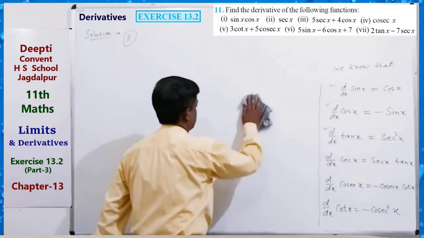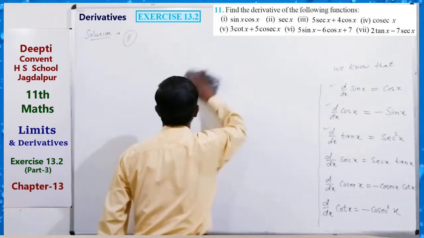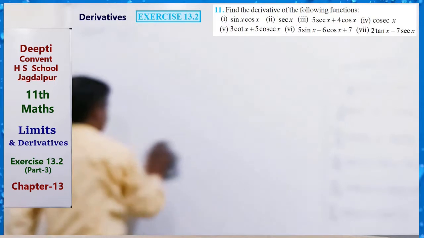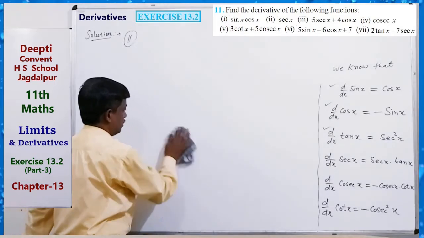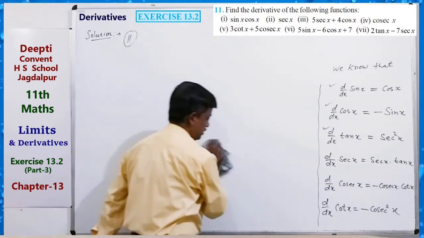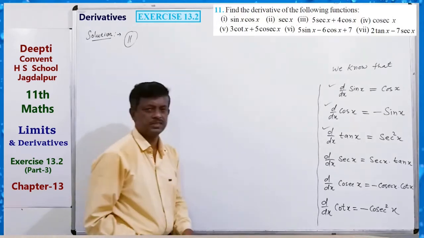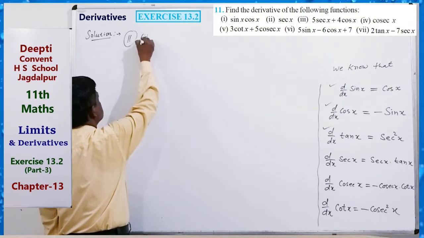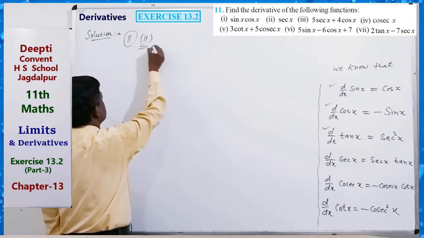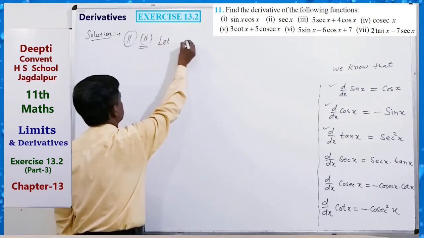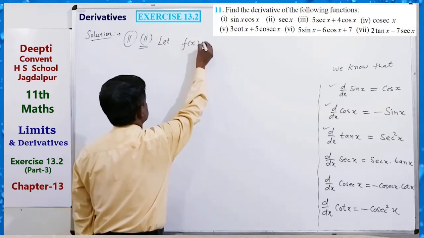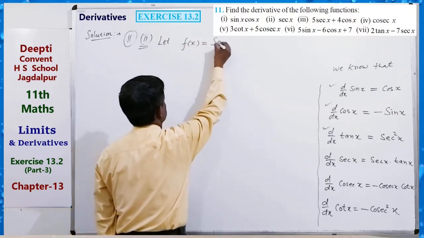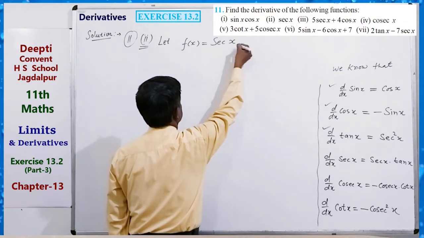Now the derivative of sec x by using the first principle method. For finding the derivative of any function, you first have to write f(x) equals. So the second question: let f(x) equals sec x.